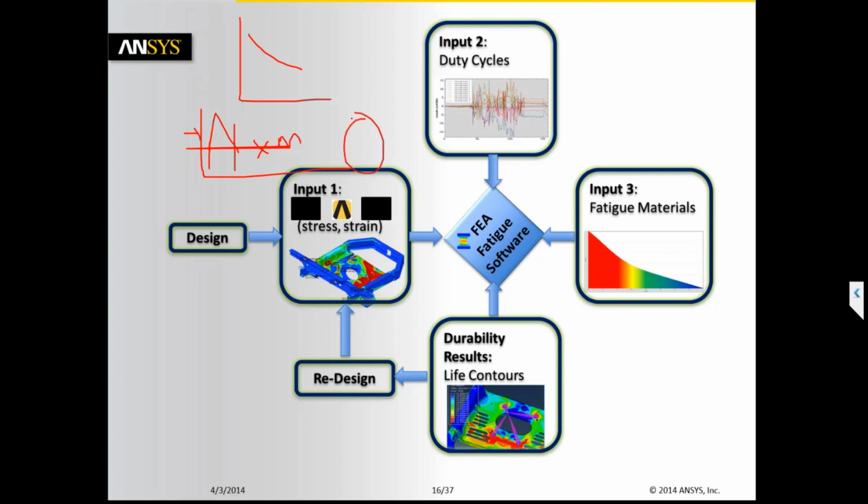That's where the duty cycle development and the combinations will come. So one is the load combination, the second is the FEM results, and then the material property from the fatigue side. Combining all of these, we will get the fatigue contours. And it will also help you redesign by changing the geometry and rerunning it.